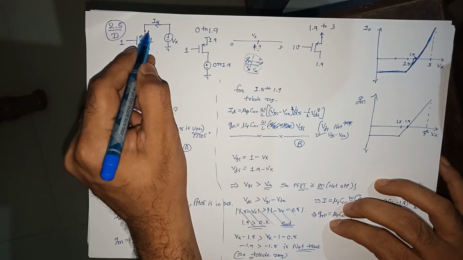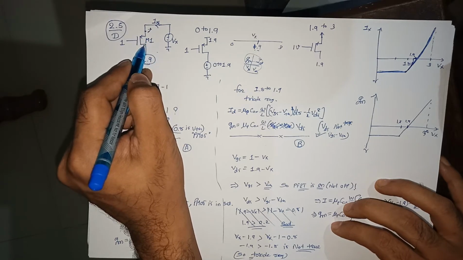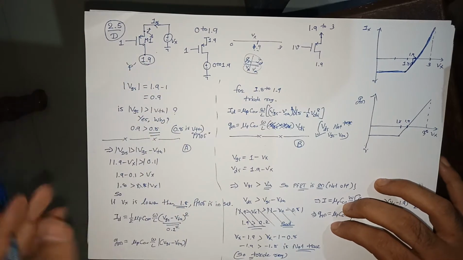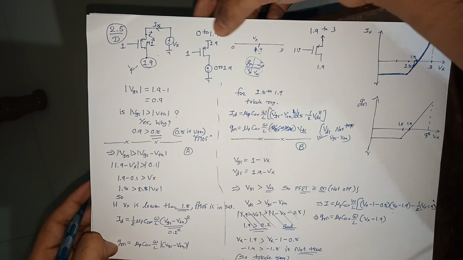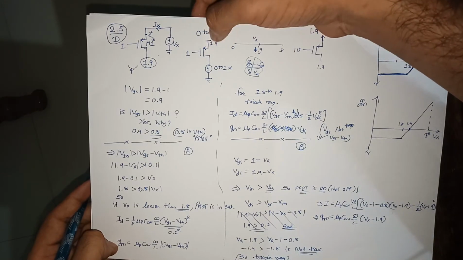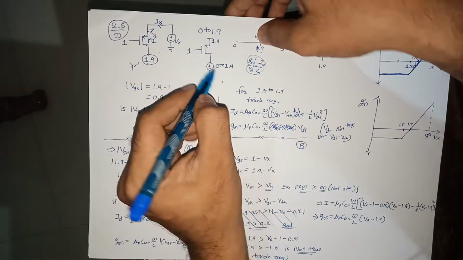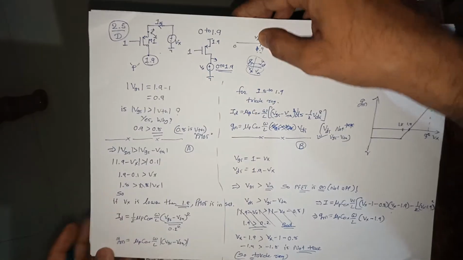If Vx is beyond 1.9, the roles of the source and drain terminals change, and below 1.9 they are swapped. So from 0 to 1.9, this will be the circuit: the source is connected to 1.9, and the drain is connected to Vx, which is going from 0 to 1.9.